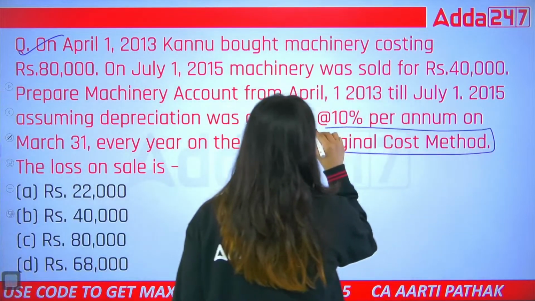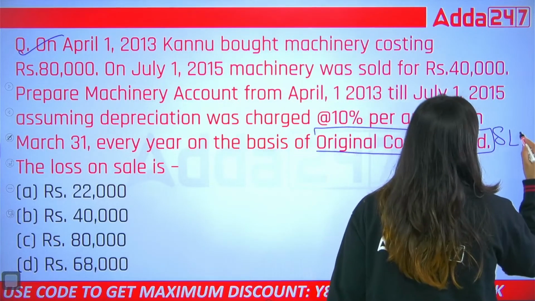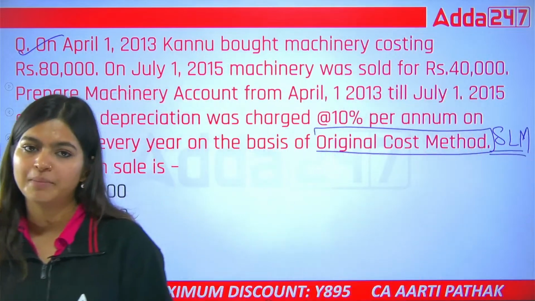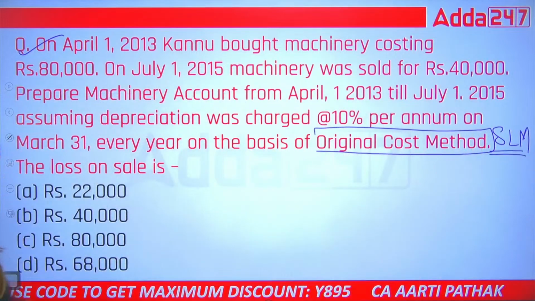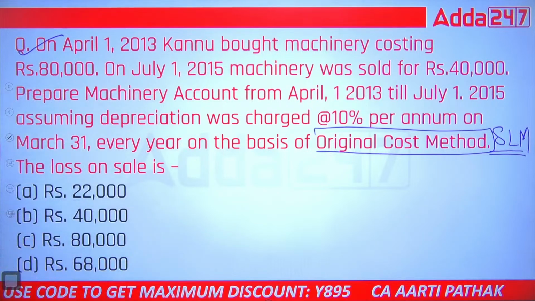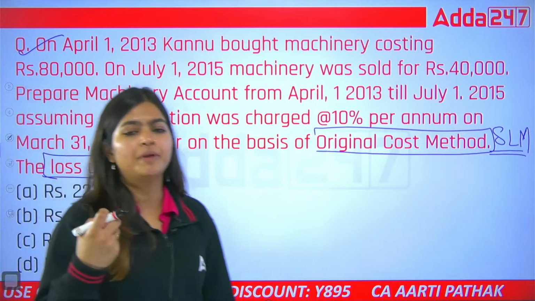How are we charging depreciation? This is the method we need to use, and this is the alternate name for the straight line method. So ultimately what they want from us is the loss on sale. Remember, the question is not how to prepare the accounts.